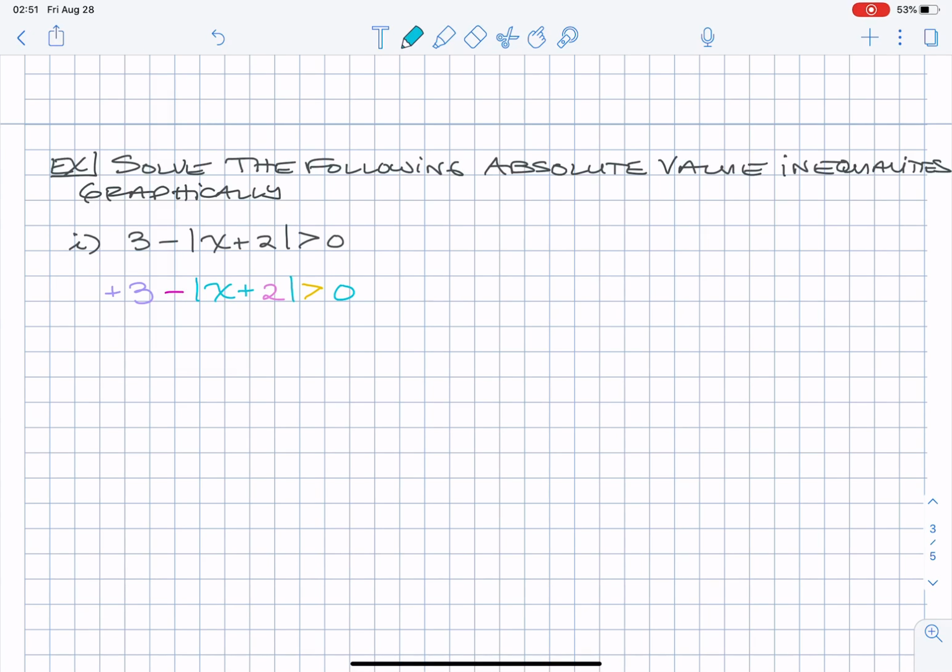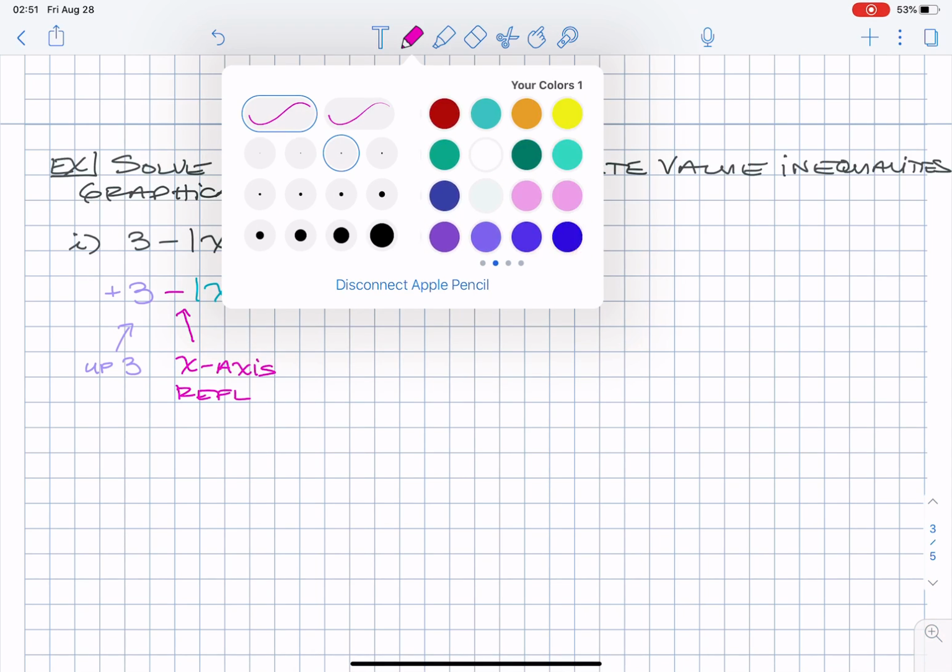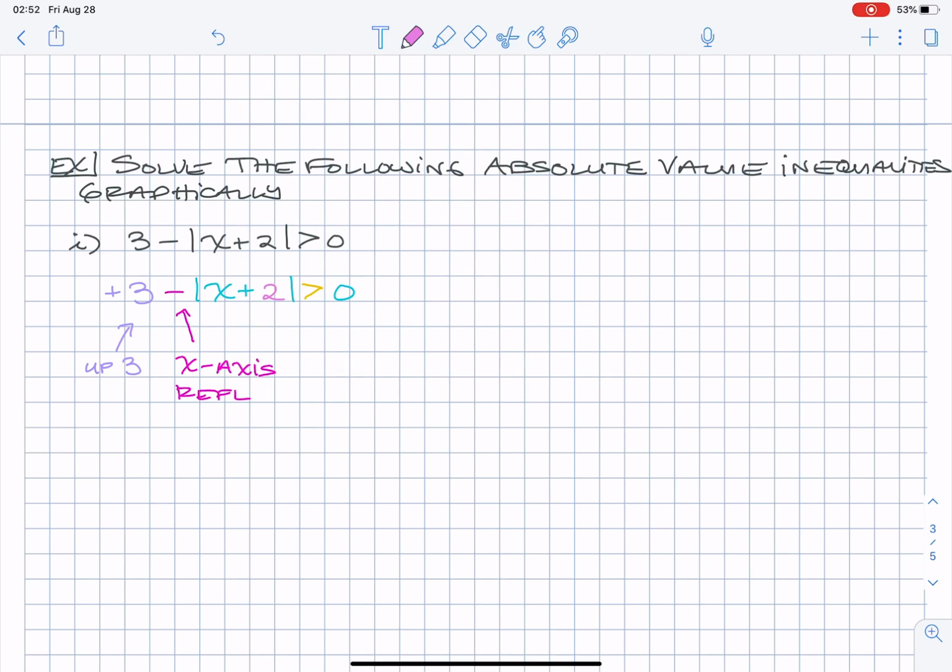Okay, so to plot this, I claim that this will be up 3 because it's a positive 3. I claim that this will be an x-axis reflection. I claim that that plus 2 inside will be left 2.